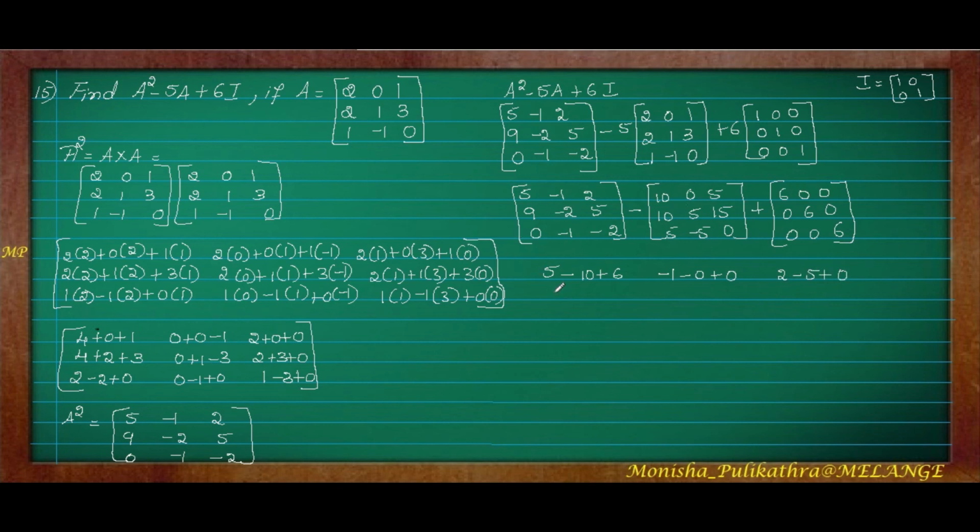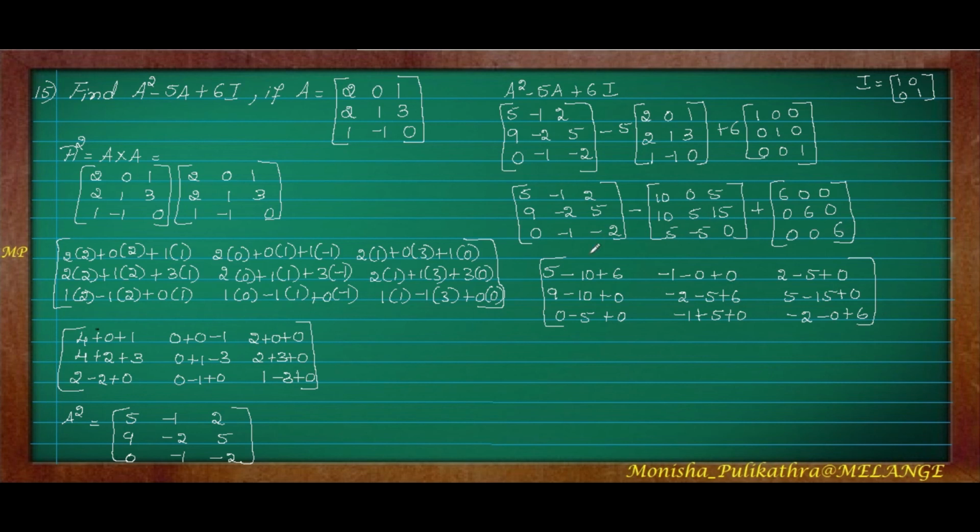Next we move to the second one. 9 minus 10 plus 0, minus 2 minus 5 plus 6 and 5 minus 15 plus 0. So second row is finished. Moving on to the third one. 0 minus 5 plus 0, minus 1 minus of minus, minus into minus is plus 5 and plus 0. Next is minus 2 minus 0 and plus 6.